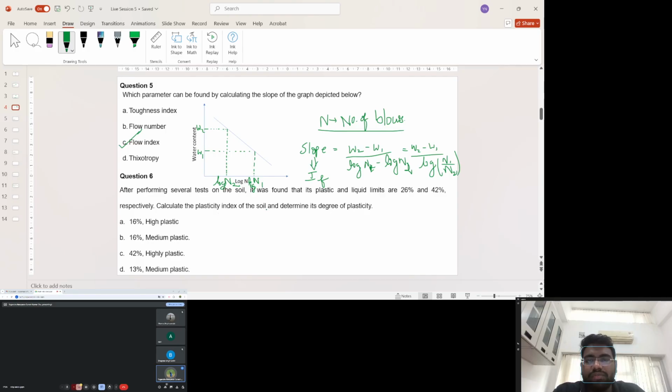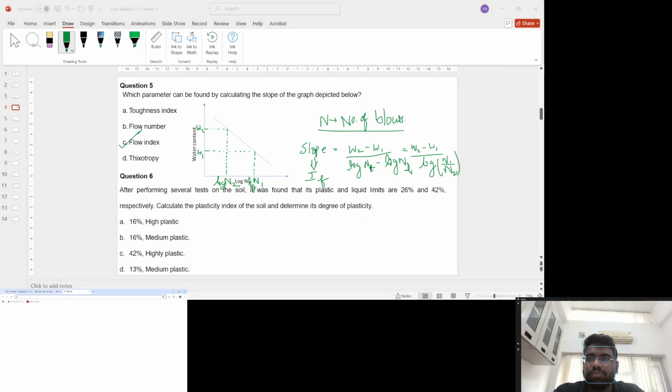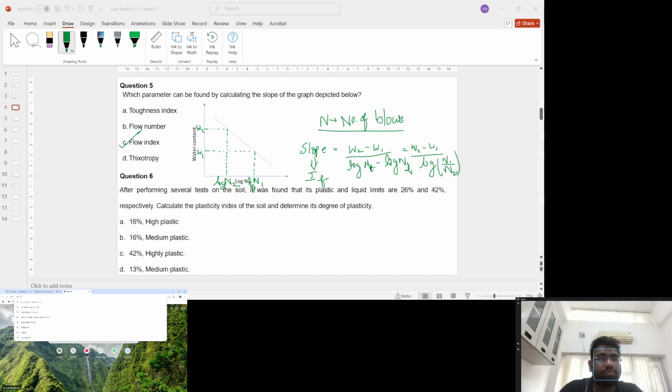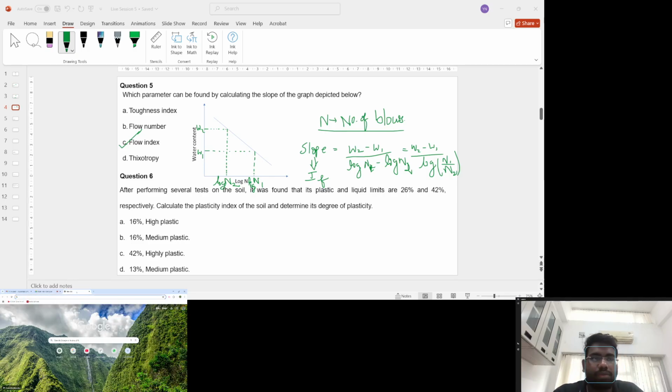Calculate the plasticity index of the soil and determine its degree of plasticity. Is my screen visible?